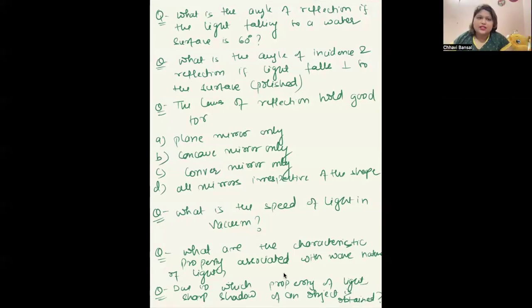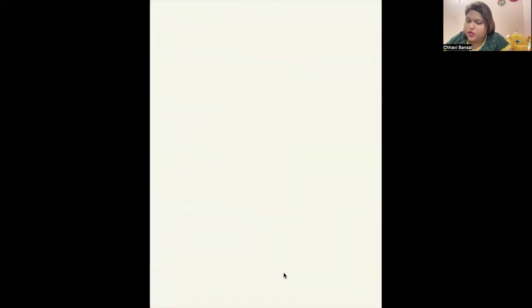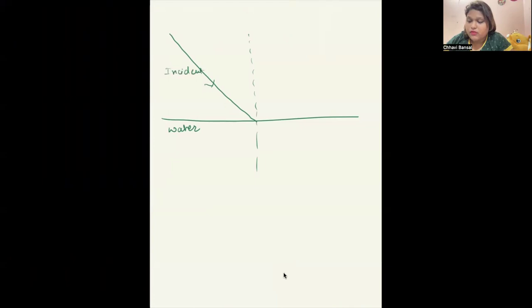Okay, let's discuss the question. Let's see the first question. So the first question says, what is the angle of reflection if a light falling on a water surface is 60 degrees? Okay, so this is the surface of water. This is normal, right? Now light falling on the surface means incident ray. And which it is making what angle?